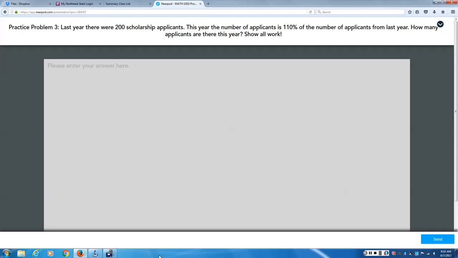Type in your equation, and you can type in your answer. That's okay. If this was a paper quiz, I wouldn't want to see the work. But since it's an in-class quiz, I want to know what the answers are.